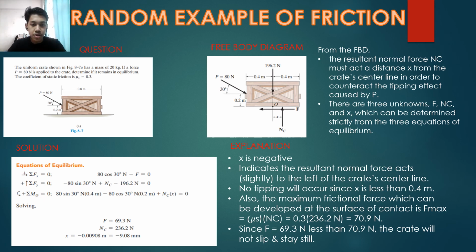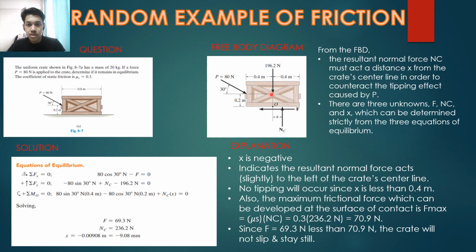For the moment equation, only the P force and the NC force are involved in the moment. This is because when we apply the P force at this crate, it can rotate. That's why it is involved in the moment. And the NC force, applied at the crate, will also make the crate rotate to this side.